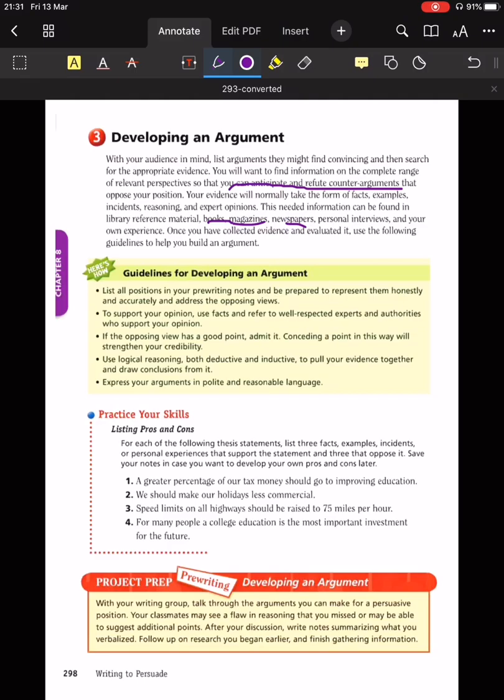Now, if you look at the guidelines over there, these are very important. Number one, list all positions in your pre-writing notes, and be prepared to represent them honestly and accurately and address the opposing views. To support your opinion, use facts and refer to well-respected experts, again, for the idea of credibility. If the opposing view has a good point, remember to accept it, concede it, and maybe try to address it.